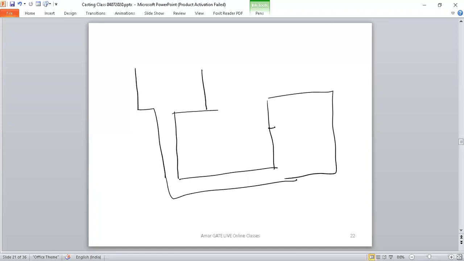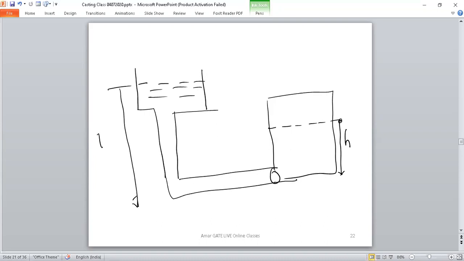Up to height h is filled. If I ask you what the velocity is, this is h1, the total head above the gate. This is your Ag, this is your Vg.